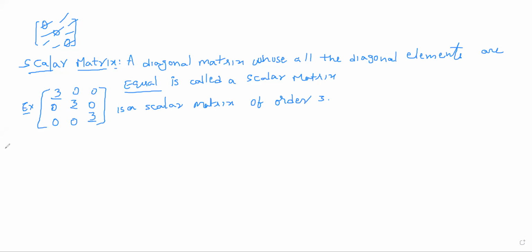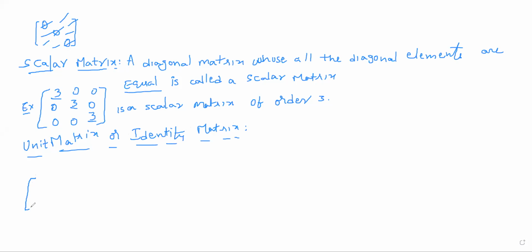Next one is unit matrix or identity matrix. A diagonal matrix whose diagonal position elements are all ones only.